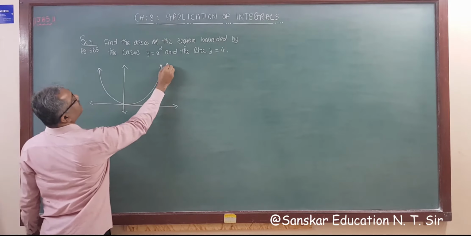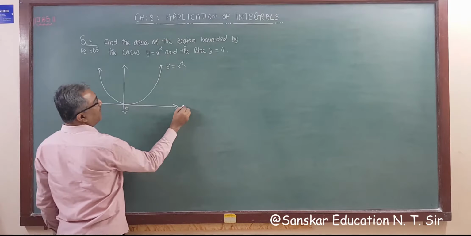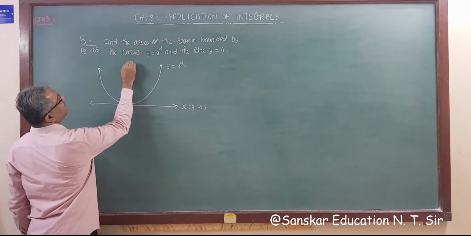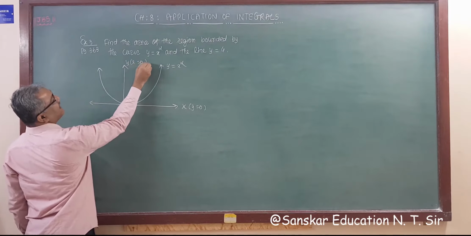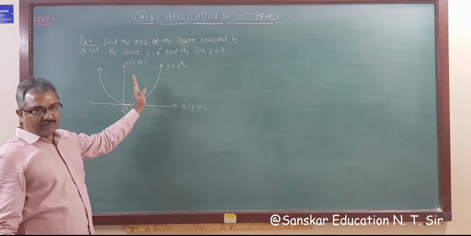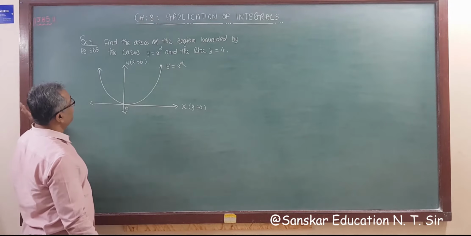This is the origin 0, 0, and this is the x-axis. The equation of x-axis is y equal to 0. This is the y-axis, the equation of y-axis is x equal to 0. This parabola is symmetric about the y-axis.